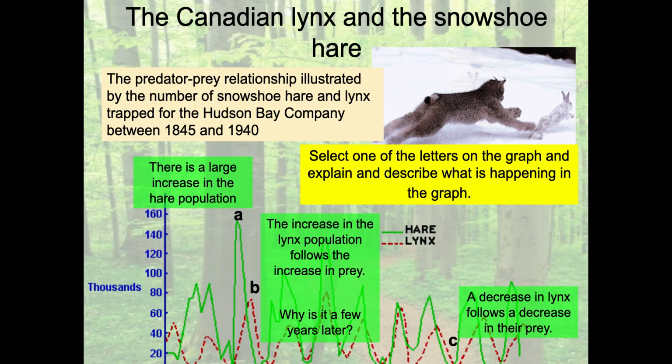And of course, you have time between the lynx being well fed and the lynx then being able to successfully reproduce to increase the size of the population. It does take time for that to happen. So that's why there's a delay between the increase in the hare population and the increase in the lynx population.